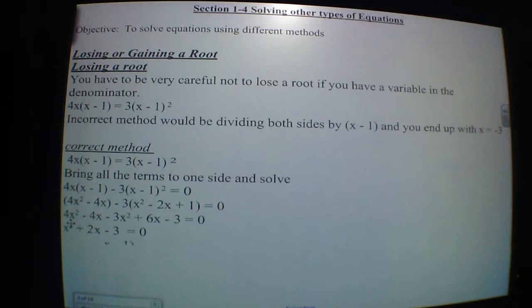If you can't factor it, there's the quadratic formula, there's completing the square, there's other methods you learned in the previous section. And you have x plus 3 is equal to 0, so x is equal to negative 3, or x minus 1 is equal to 0, so x is equal to 1. This way you do not lose any roots.